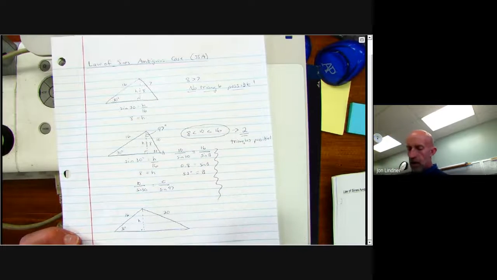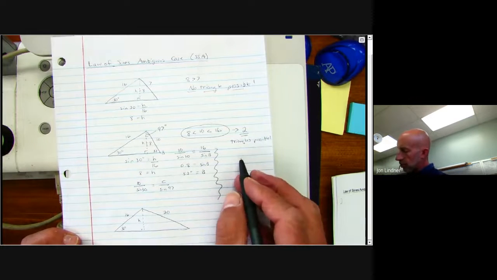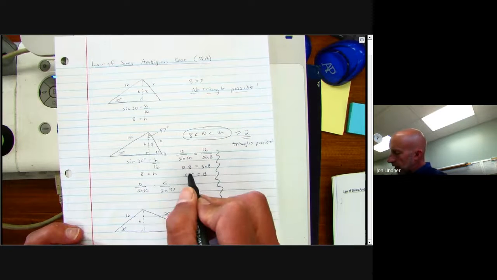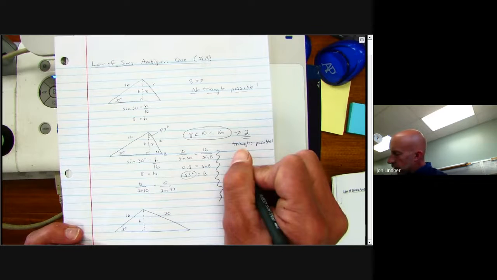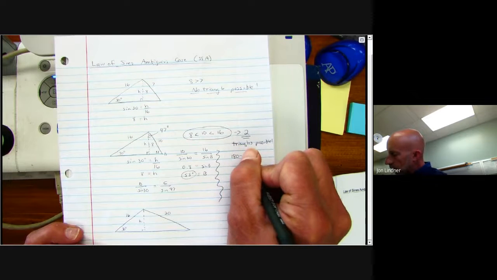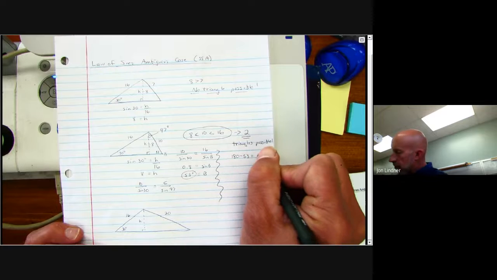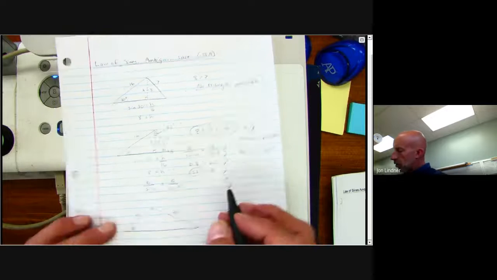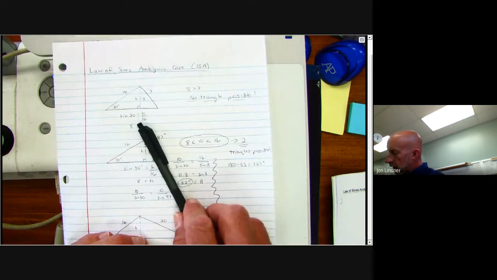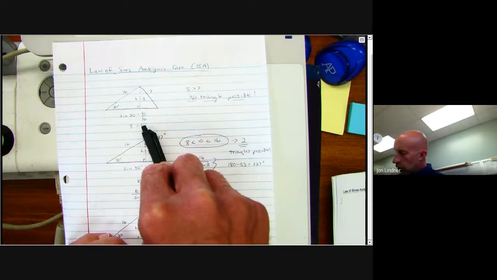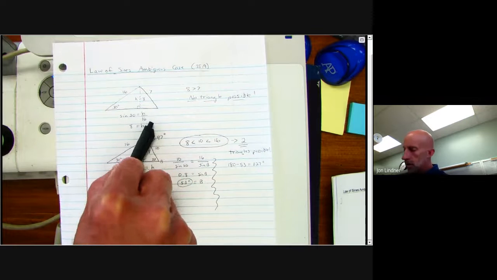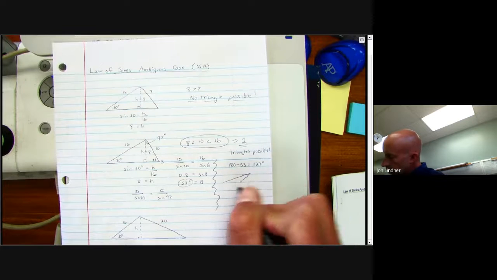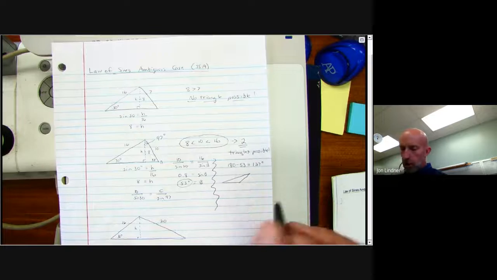Now, how do I find the other triangle that's possible? Well, what I do is I take this angle that I just found, this 53, and I subtract it from 180. 180 minus 53 is 127 degrees. And so now what I've effectively done is I have swung this side over here like this, and now my triangle looks like this approximately.